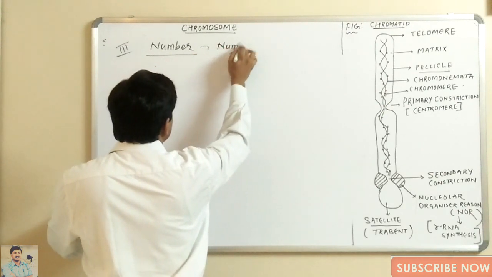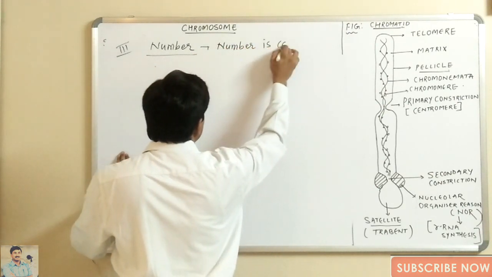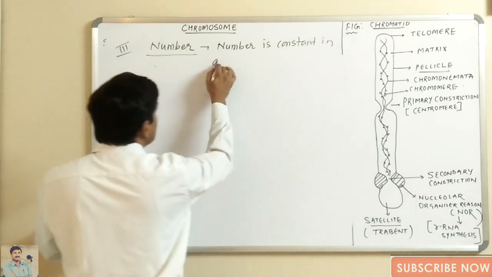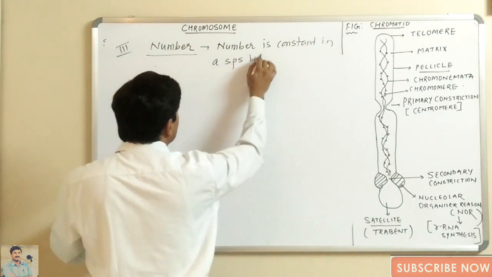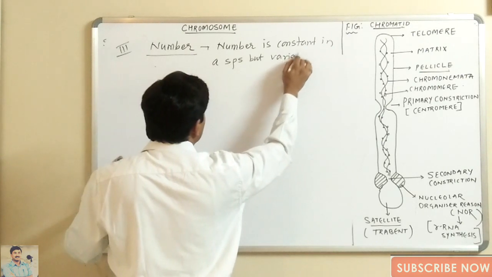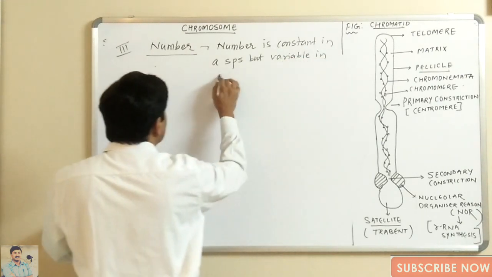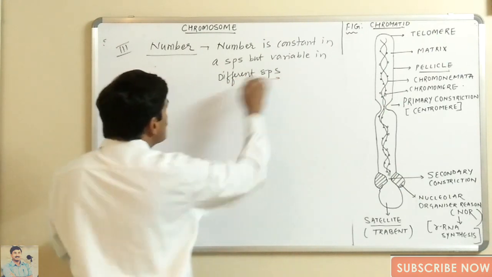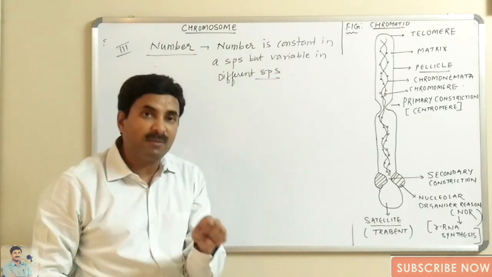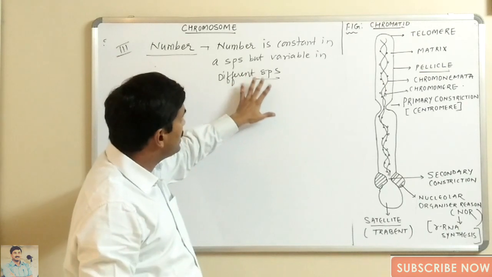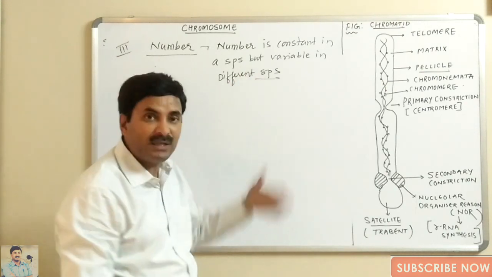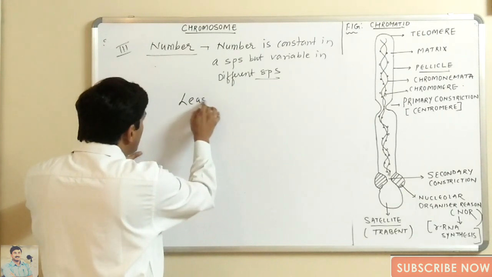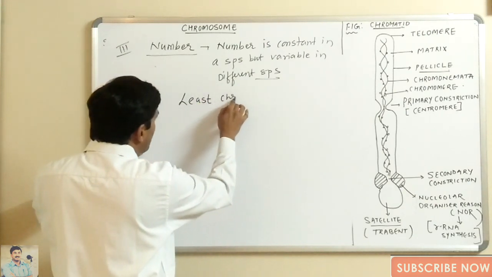Number is constant in a species but variable in different species. The members of the same species have the same number of chromosomes, while the chromosome number is different in the different species.